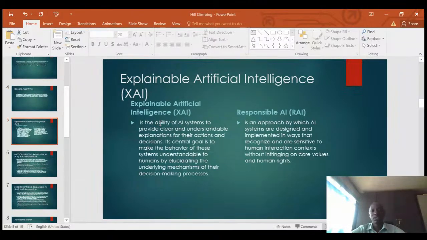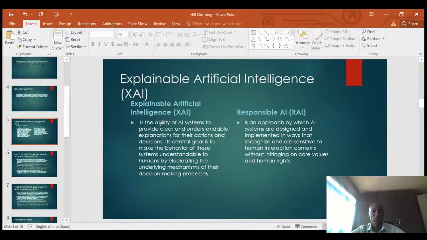It's all about the explanation of artificial intelligence, and whereby we have the explainable and the responsible AI. Now, with explainable AI, this is the ability of an AI system to provide clear and understandable explanations for their actions and decisions.